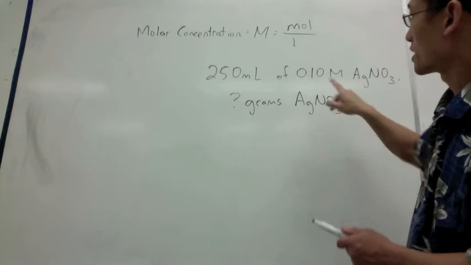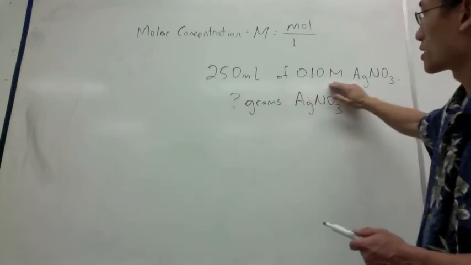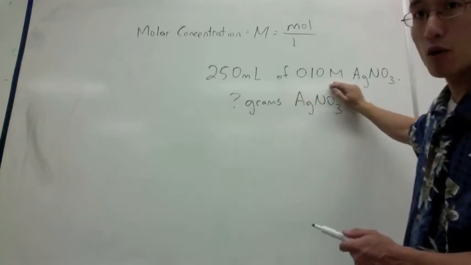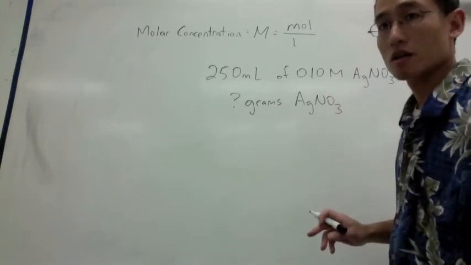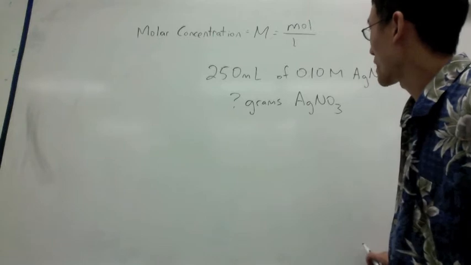So my strategy is, I have volume, I have the molarity, I can solve for the moles of those things, and then I can determine the grams using the molar mass.